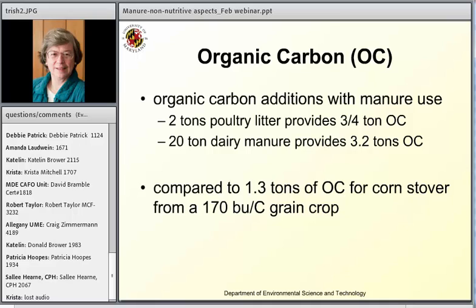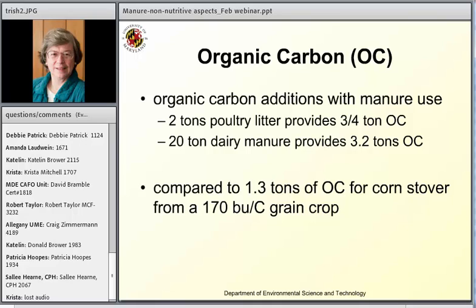Whereas in a 20-ton dairy manure application, we're getting a little over 3 tons of organic carbon. Now compare that to what you get from the corn stover that's left when you harvest corn grain, and we're looking here at about a 170 bushels per acre yield goal. We're getting about 1.3 tons of organic carbon then.